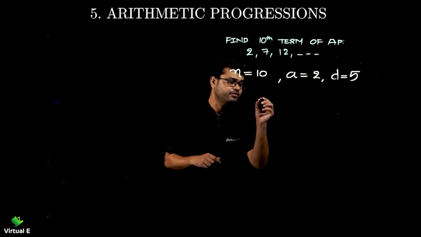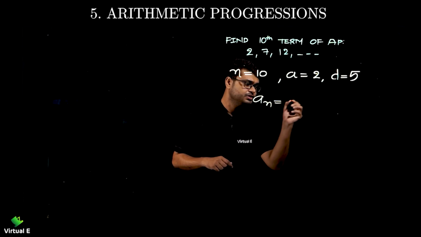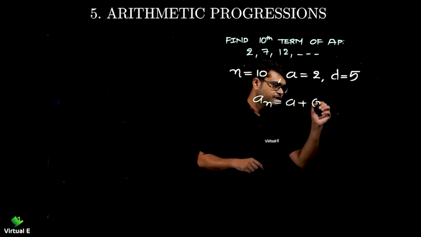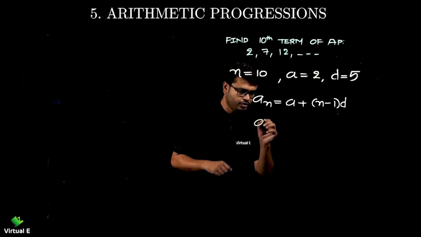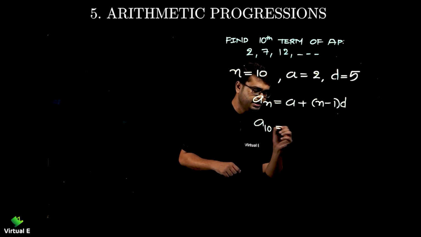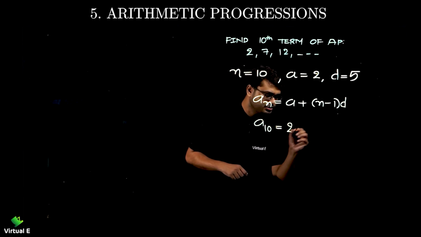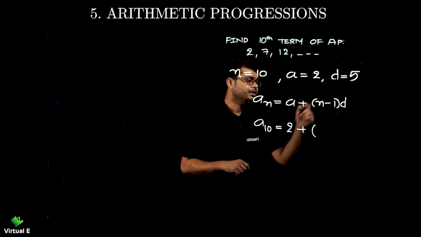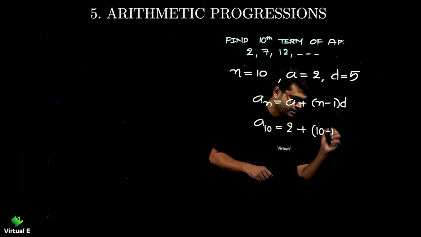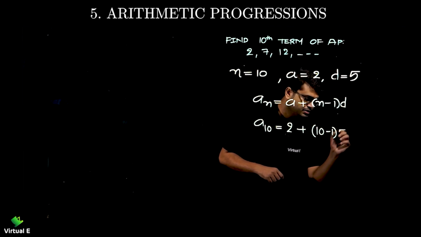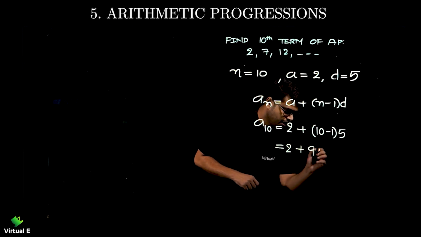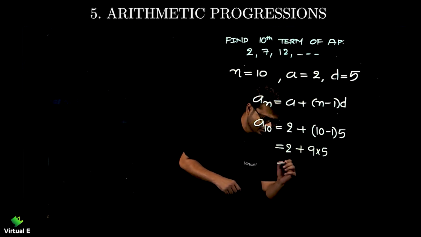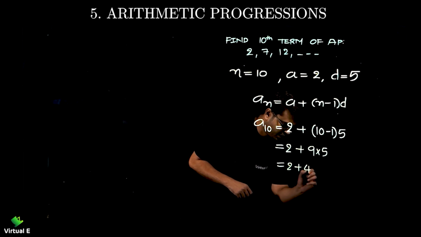Do the calculation for the information that is being asked. So let's start with the formula. an is equal to a plus (n minus 1) into d. We want to find the 10th term, so a10: the value of a is 2, plus n minus 1, that is 10 minus 1, and d is 5. So 2 plus 9 multiplied by 5, so 2 plus 45.